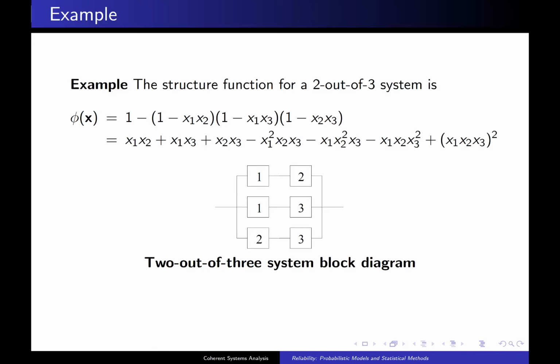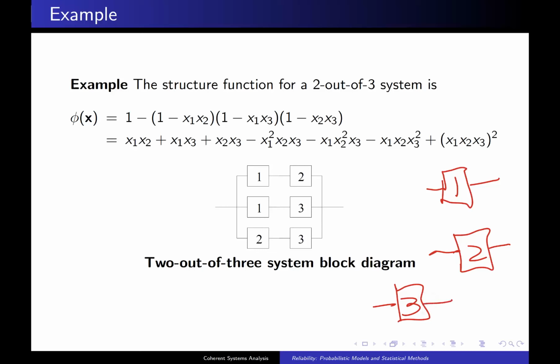Now the thing to remember is when you have a 2 out of 3 system, there are really only 3 components in the system. Components 1, 2, and 3. However, in order to write this as a reliability block diagram, you have to use repeated components.